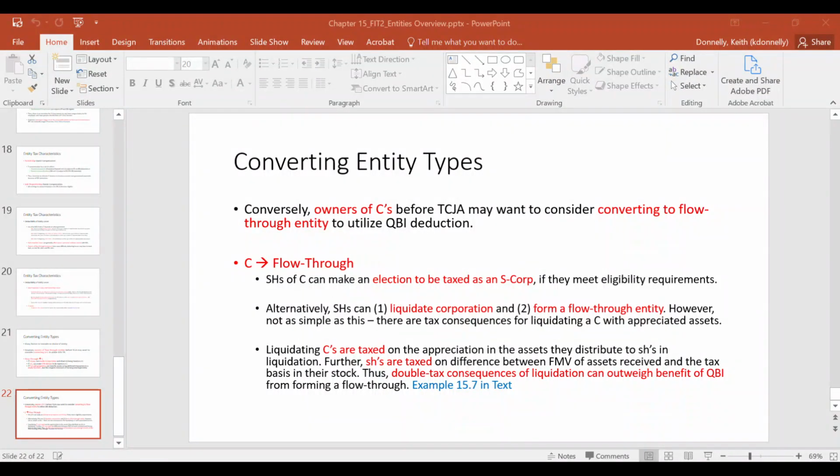If you don't meet the S Corp eligibility requirements, one of the things you can do is liquidate the corporation and then form the flow-through entity. But there's tax consequences to that, where you have to weigh that against the benefits of getting the QBI deduction.